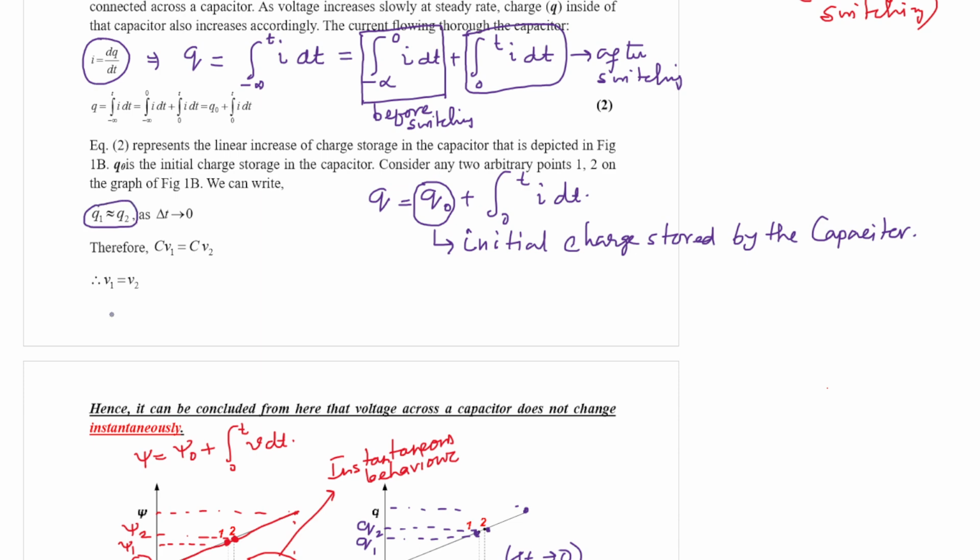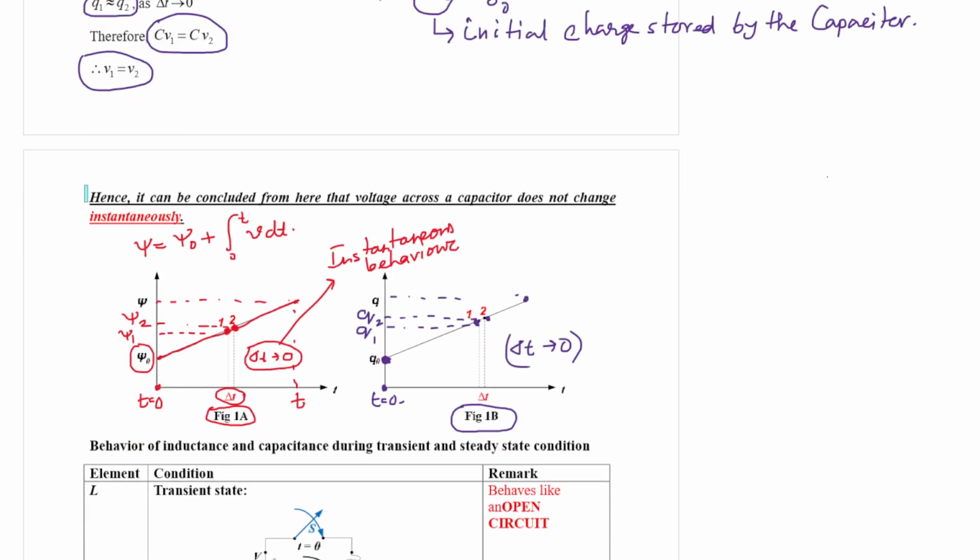As you know, Q is equal to CV. From there we can write CV1 is equal to CV2. So from there V1 is equal to V2. So what we can understand from the capacitance behavior is that the voltage across the capacitor does not change instantaneously.